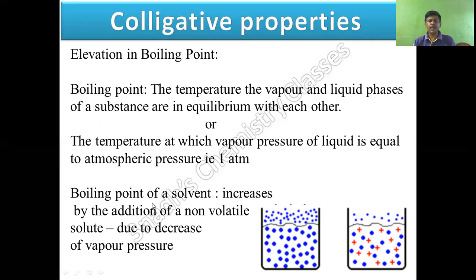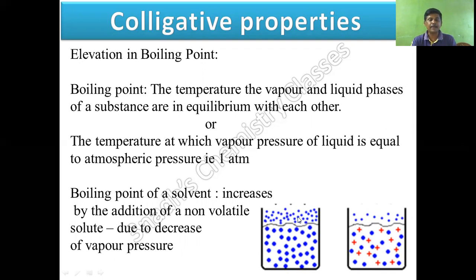Here, if we add a non-volatile solute to the pure solvent, let us see the diagram. This is the pure solvent. The blue ones are liquid molecules, and the small blue dots are vapor of the liquid.